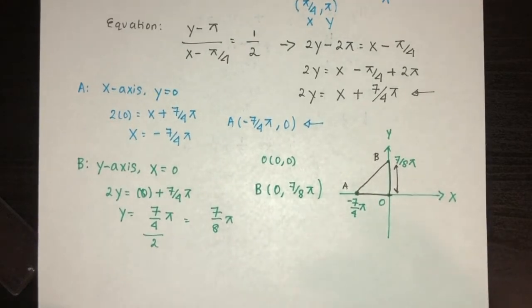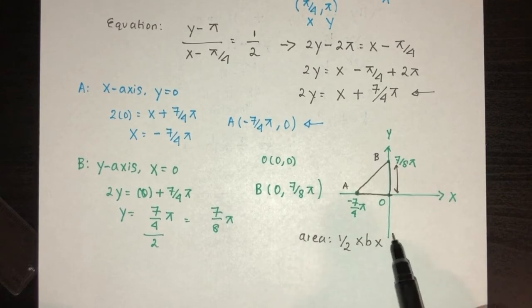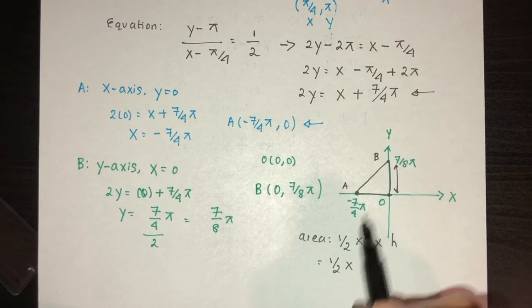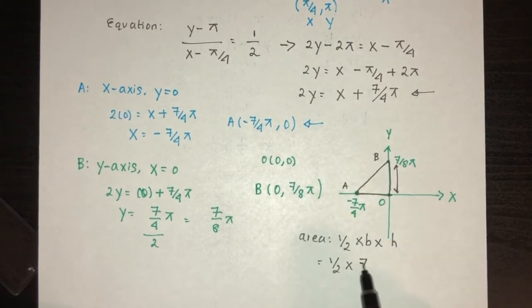So how do you find the area of a triangle? Area is equal to half times base times height, right? So it becomes half times base, which will be this length. Length is positive, so that will be 7 over 4 pi times 7 over 8 pi for the height.